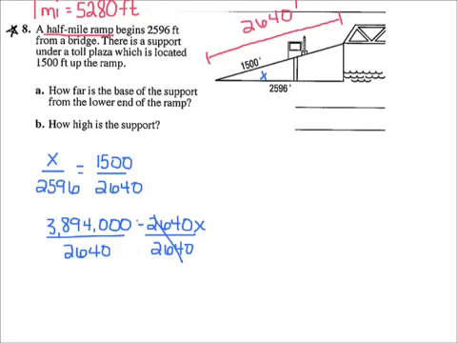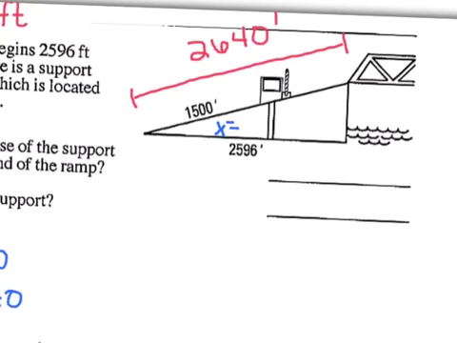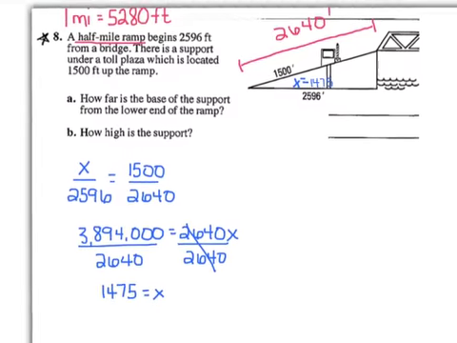I come out to 1,475. So now I know this smaller distance here. This smaller distance here is 1,475. Okay, I might need that for the next problem, so that's why I marked it in the picture.